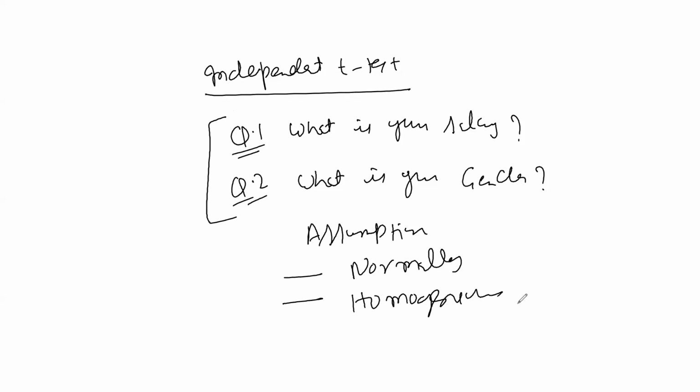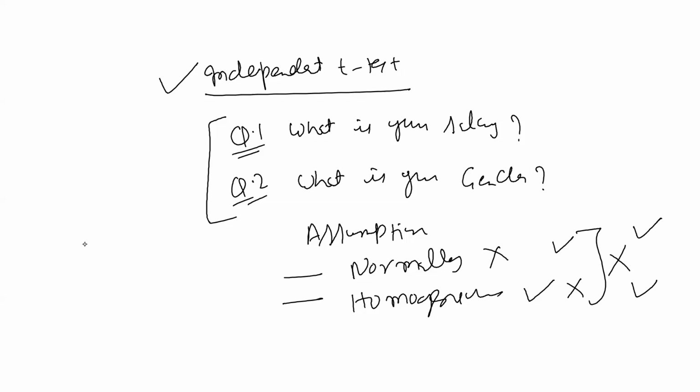If my data is not normal but homogeneous, or my data is normal but not homogeneous, in both conditions I cannot apply the independent t-test. So what is the condition? The data should be normally distributed as well as homogeneous, then I can apply the independent t-test.